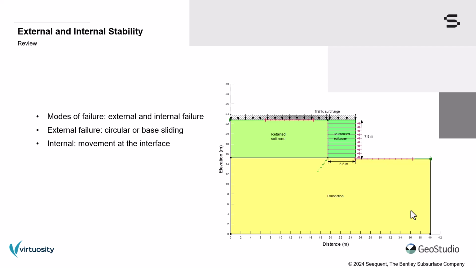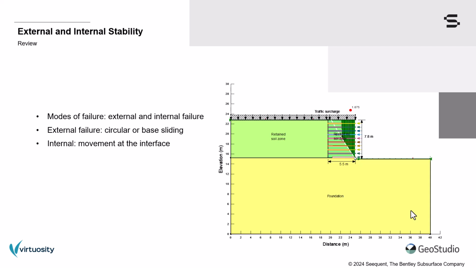In this case, the mode of failure under consideration in SLOPE/W is either circular, by using the entry and exit for a slip surface option, or it could be base sliding using the block specified search. In contrast, internal mode of failure considers a bilinear failure that passes entirely through the MSE wall.